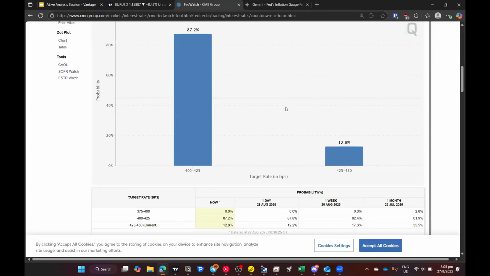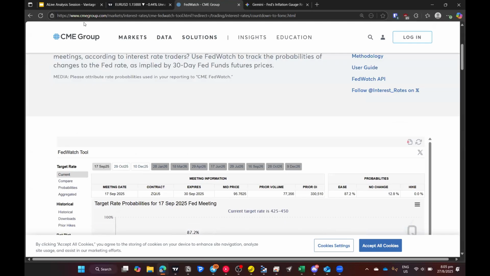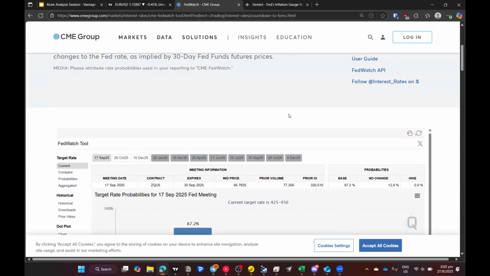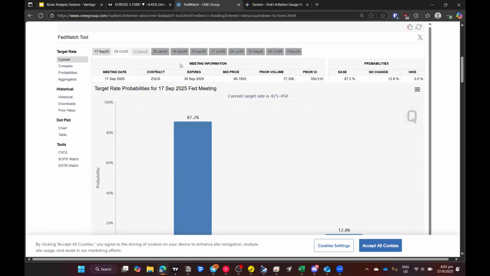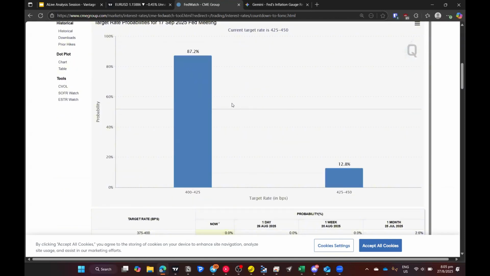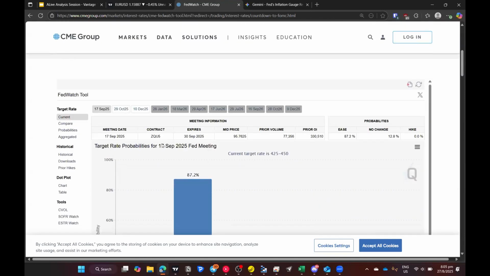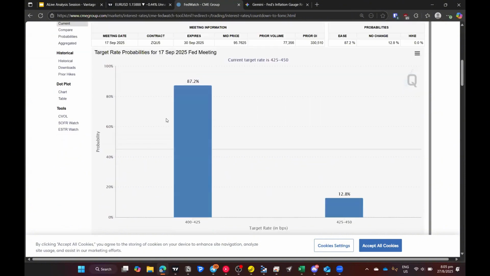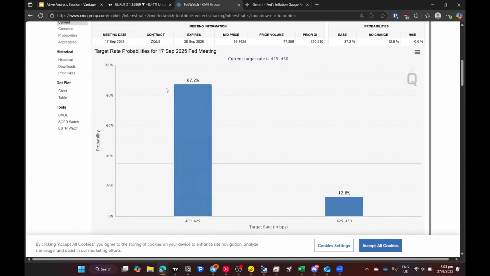So what we're interested in looking out for is the CME Group FedWatch tool, under the CME website, and you can see that based on the 17th September, which is in about 2 weeks' time, the probability of a Federal Reserve rate cut of 25 basis points is at 87.2%.